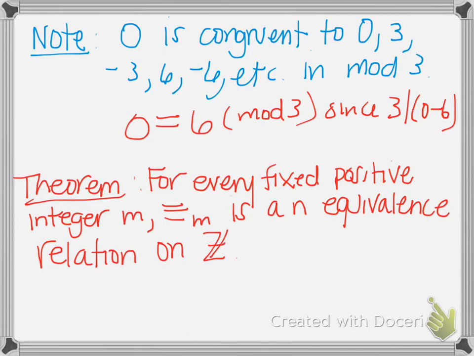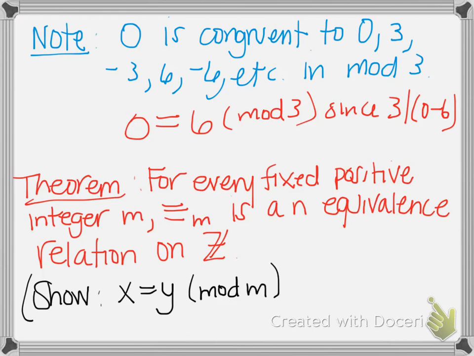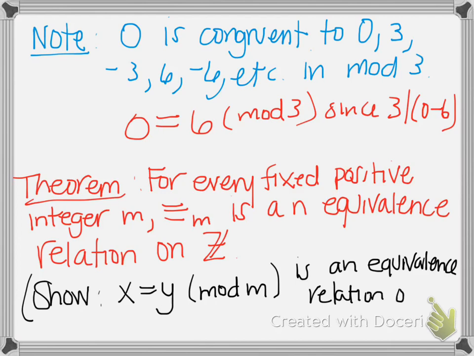Again, remember what that means. In other words, what we need to show, and this isn't part of our proof yet because I didn't write proof, is that x ≡ y mod m is an equivalence relation on Z. You all know what that means.